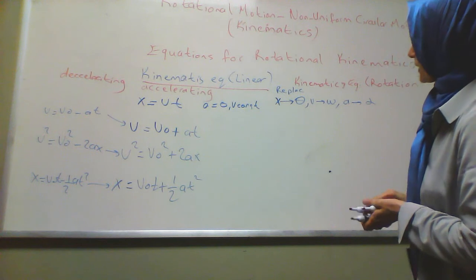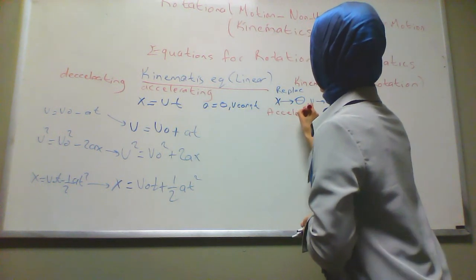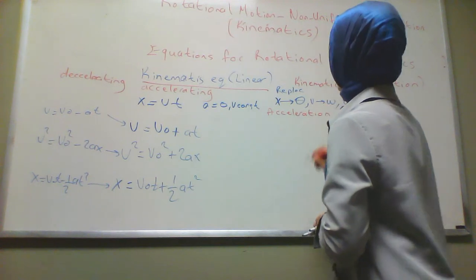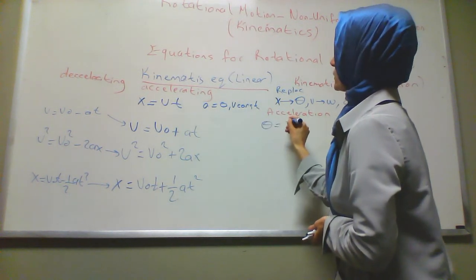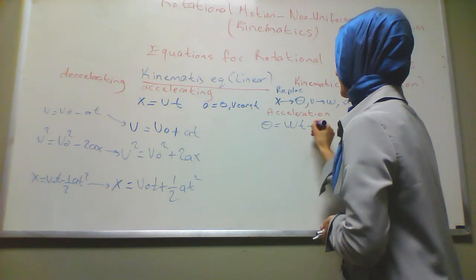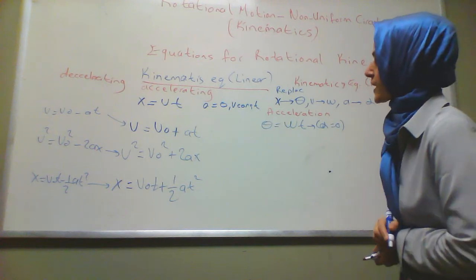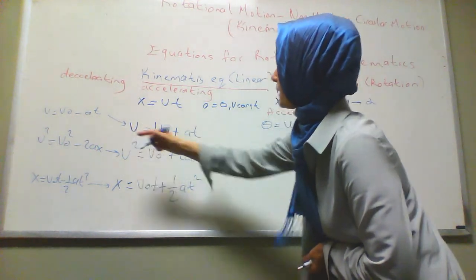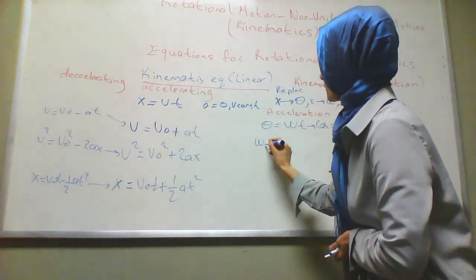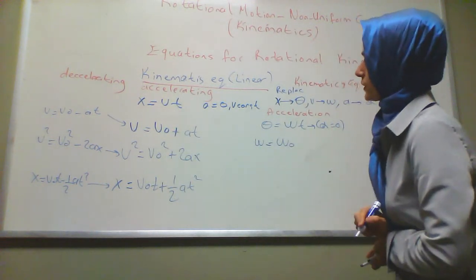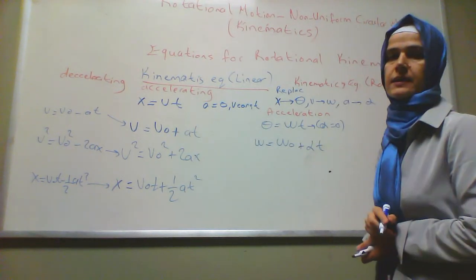So let's do that actually. Let's write down the accelerating case. We will have theta is equal to omega t if acceleration alpha is 0, right? We will have final omega, final angular velocity, is equal to initial angular velocity plus alpha times t, time is the same.